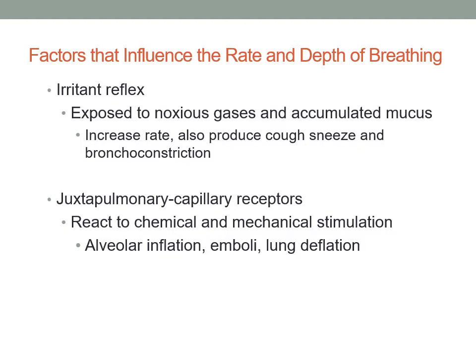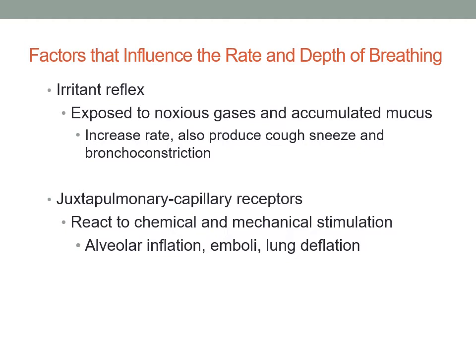Juxtapulmonary capillary receptors. These are also called C fibers and are an extensive network of free nerve endings located in the small conducting airways, blood vessels, and interstitial tissues between the pulmonary capillary and the alveolar walls. The C fibers located near the alveolar capillaries are called juxtapulmonary capillary receptors, or J receptors for short.